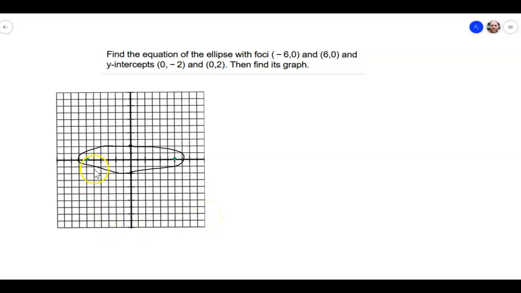And what it's saying is that if you took a point right here and looked at its distance from this focus, and then added the distance from the other focus to this point, that sum is going to be the same as the sum of these two distances here.